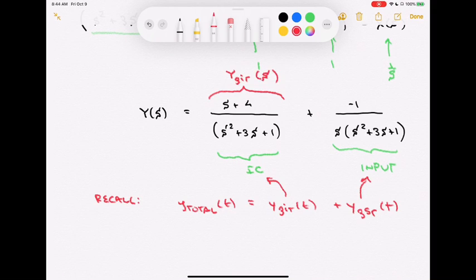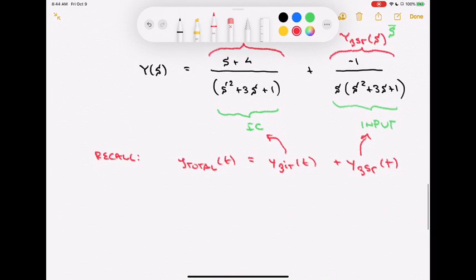Linearity says the time domain expression in the transform domain has the same structure. The y total is going to be y zero input plus the y zero state. So the second part here is going to be the y zero state response of s. So if you had a need to maintain separation of those parts, you certainly could do so.